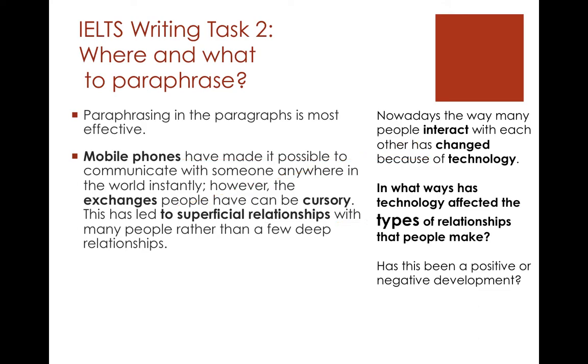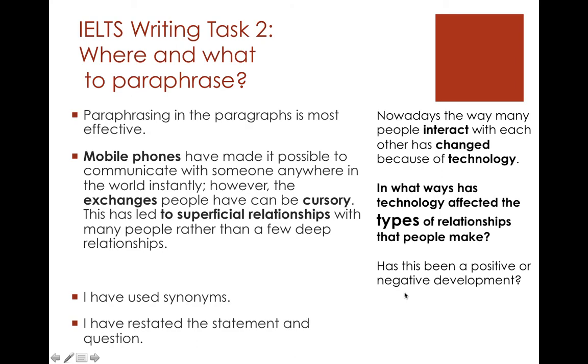And we also have, basically, we're going to say this is bad, and so that's going to be negative. Now, I've used synonyms and I've restated the statement in question. So we've said this again in another way.